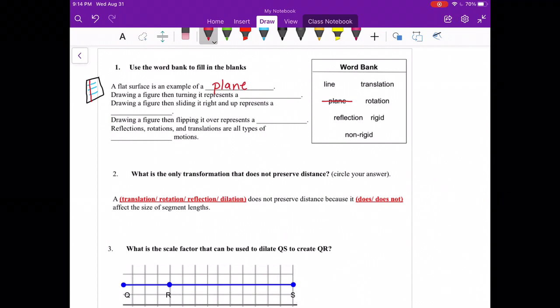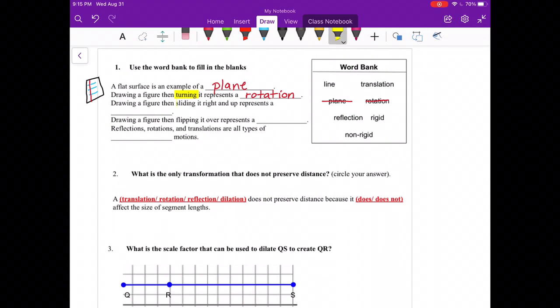Now we are going to read the following sentences, and we're going to start by highlighting the keywords that we see. The first word that I see is turning. That tells me that this transformation has to be a rotation. So let's write that down and cross it off our list as well.